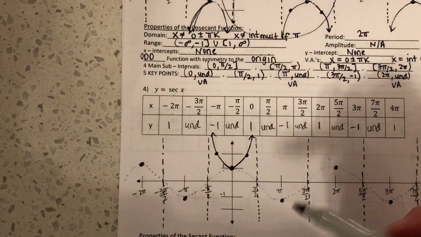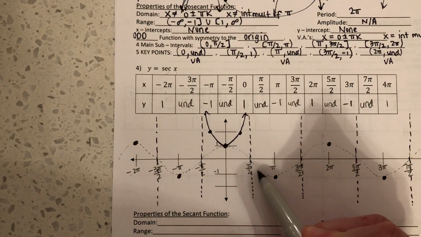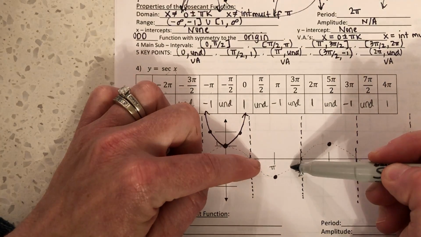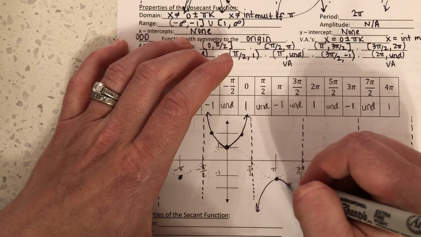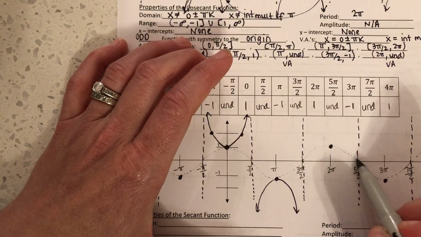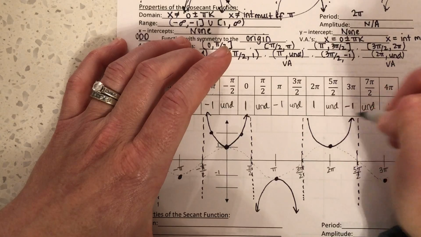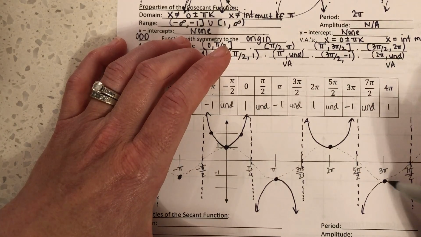All right, and then same thing here. What's going to happen is when you plug all these angles into secant, it's going to take all of these y values on cosine, and you're going to take the reciprocal of them, and it's going to flip them over, and now they're going to flip down. And then all of these are going to flip up. And then all of these are going to flip down.